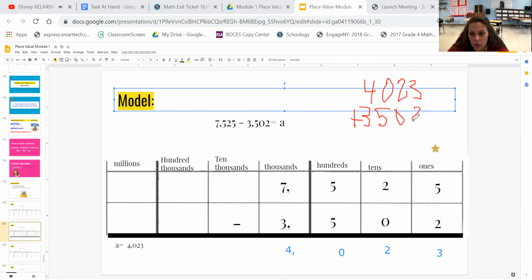And if we did this correctly, we would get a sum of 7,525. So let's check it out and see if it is correct. It's a weird looking 7, sorry. And yes, it is. So we know our answer was accurate when we subtracted because we used the inverse operation.